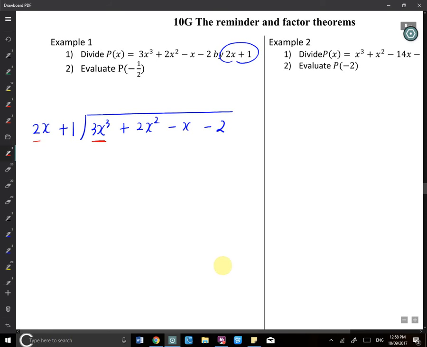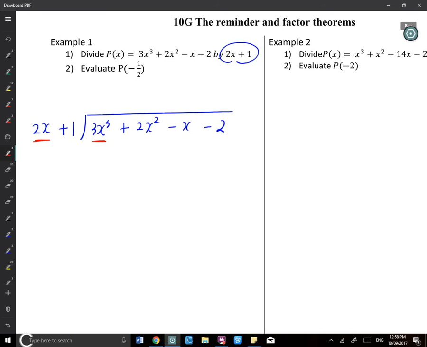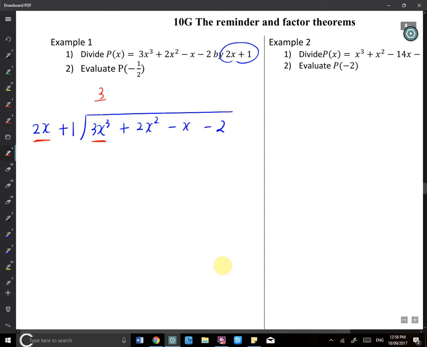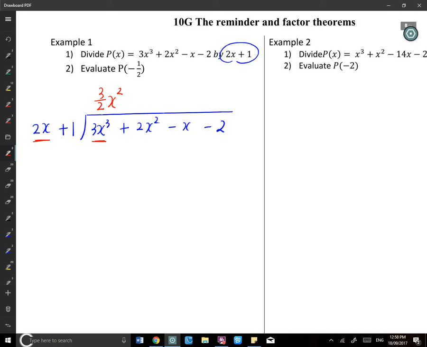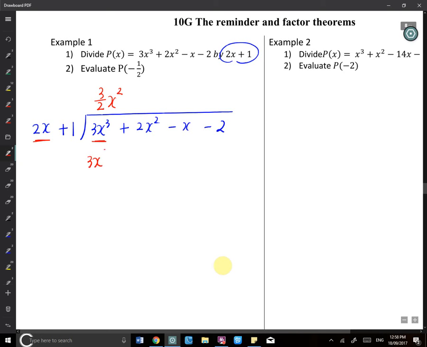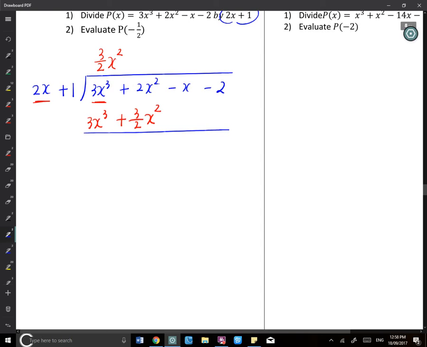The first divided by the first, 3x cubed divided by 2x, what do you have? 3/2 x squared. After we have that, we multiply it by 2x plus 1, so I have 3x cubed plus 3/2 x squared.